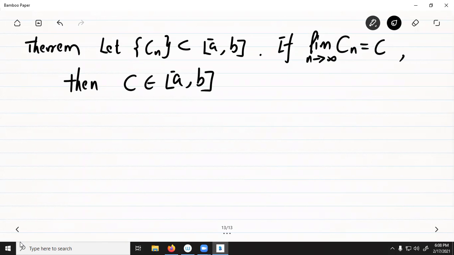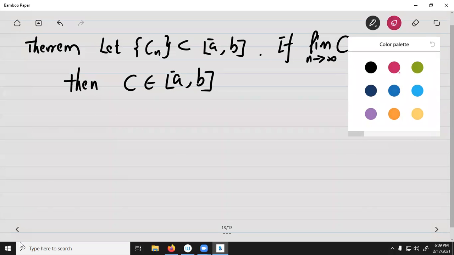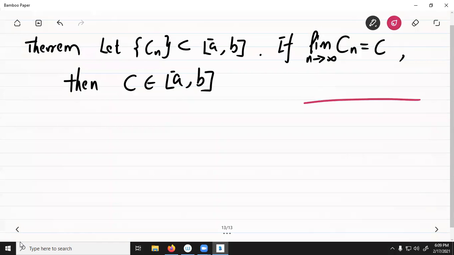So this is a closed interval. If you have a convergent sequence in a closed interval, then its limit must be inside this closed interval. It will not be outside.